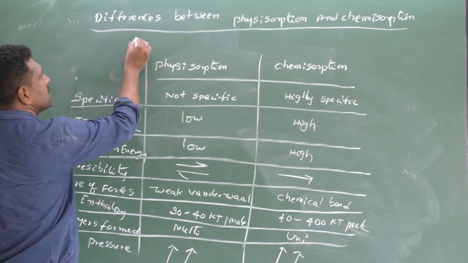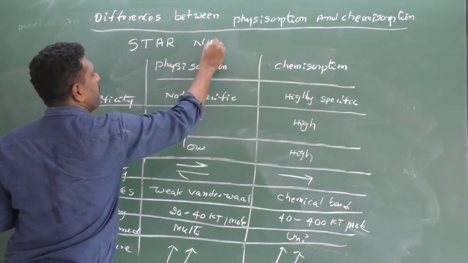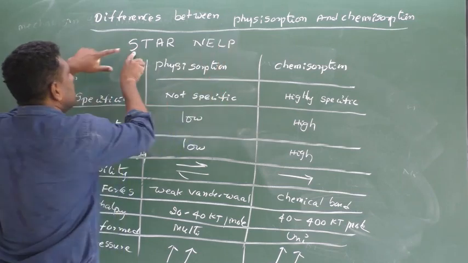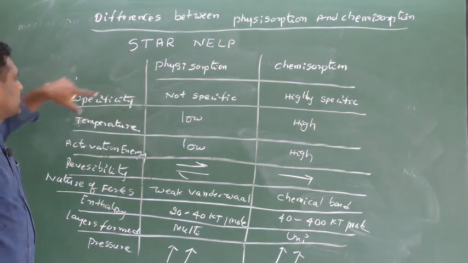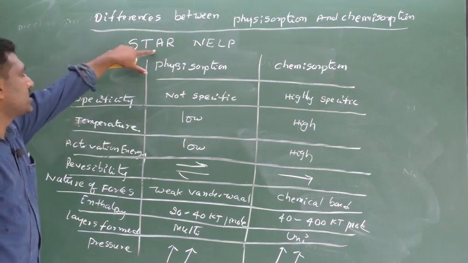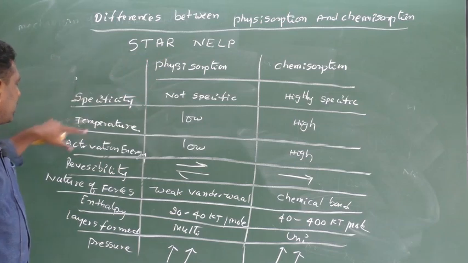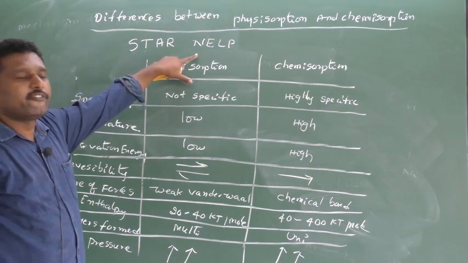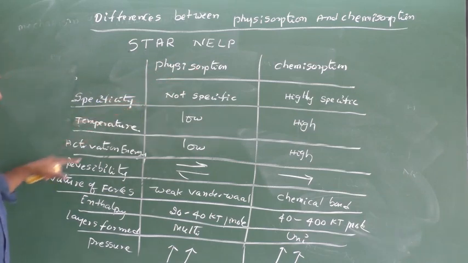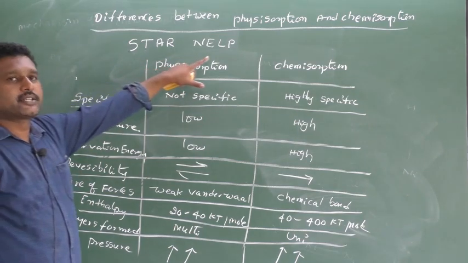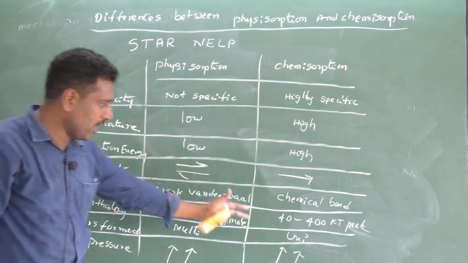The word is STARNEL. S stands for specificity. T stands for temperature. A stands for activation energy. R stands for reversibility. N stands for nature of forces. E stands for enthalpy. L stands for layers formed, multilayer or unilayer.